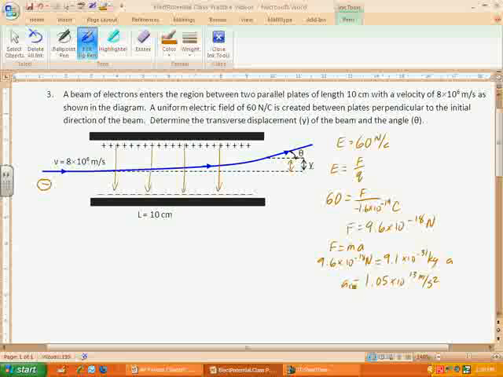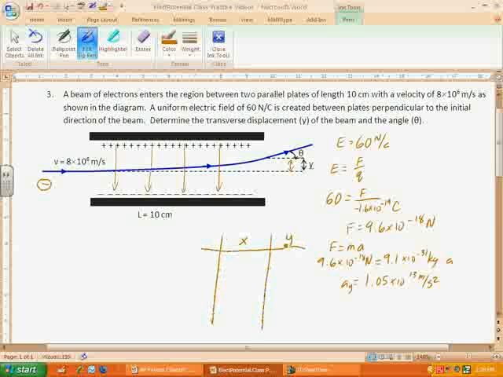That's acceleration in the y direction, right? Because it has to be in the same direction as the force. The force is purely up towards the positive charges, and therefore the acceleration is also up. Now at this point we've got an acceleration, so let's write out what we have. This is going to be kinematics because we're looking at accelerations and distances.